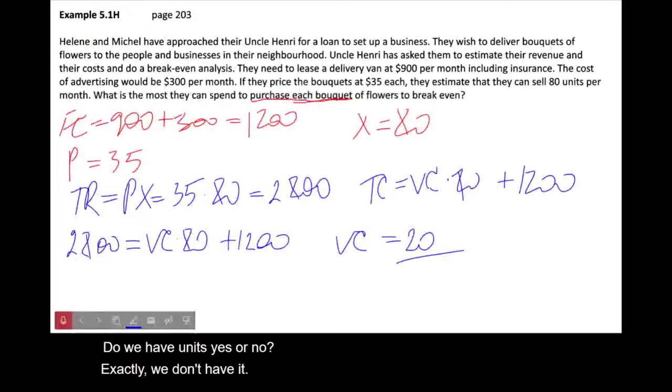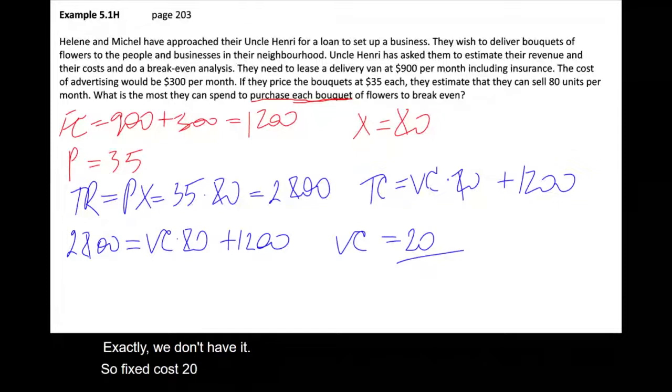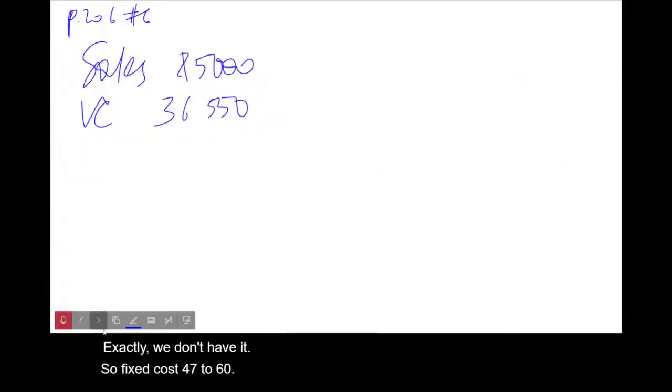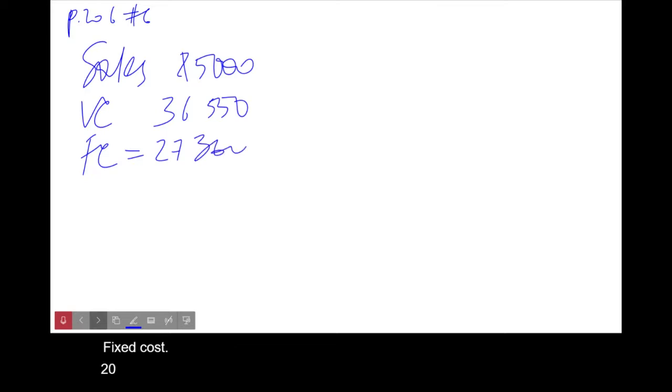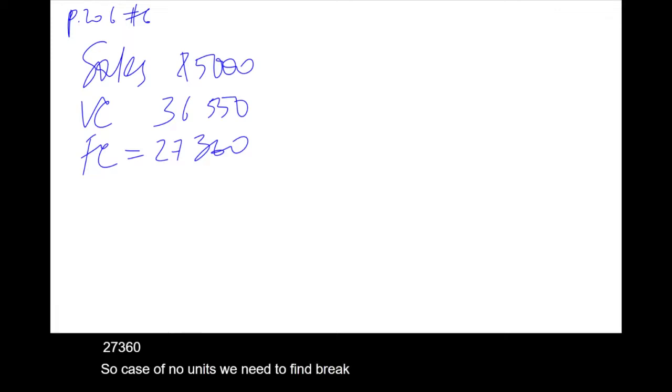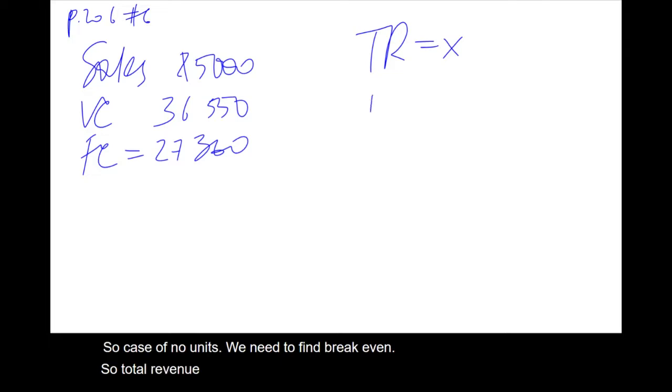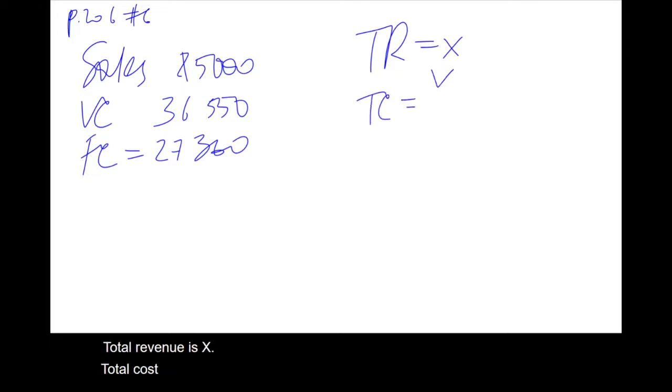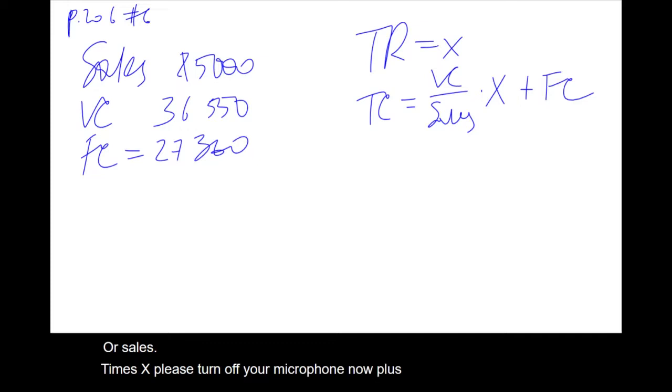So fixed cost 27,360. Okay, so in the case of no units, we need to find the break-even. So total revenue is X, total cost is VC over sales times X plus FC.